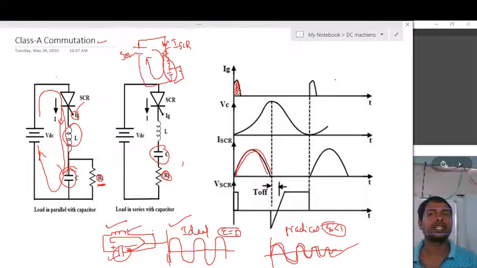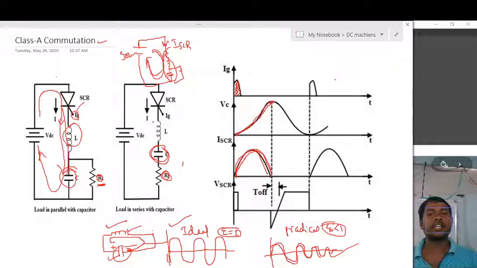So if the source is connected to the inductor and capacitor, and the current through them is sinusoidal, in the positive half cycle the capacitor charges gradually, exponentially, in this manner.